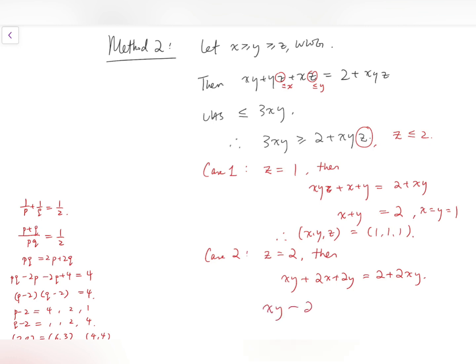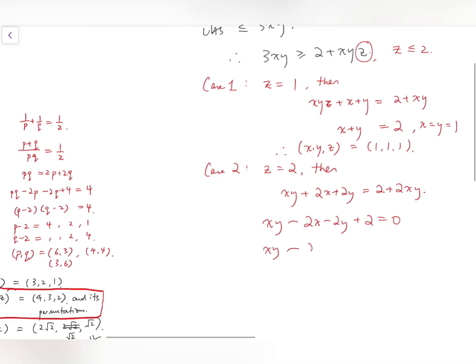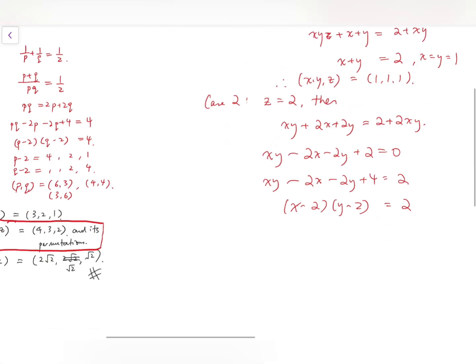So xy minus 2x minus 2y plus 2 equals 0. And you can do similar things, just like what we did in our first approach. You make the left-hand side factorizable, and then you factorize. Because we have x larger than y, I just take x minus 2 equals 2 and y minus 2 equals 1.